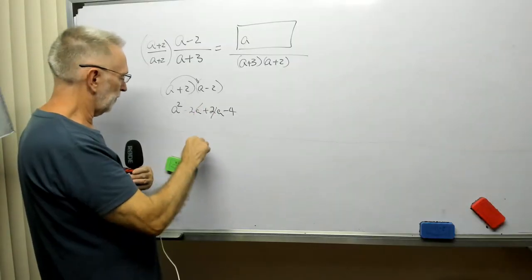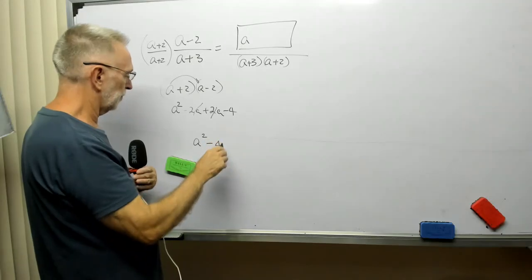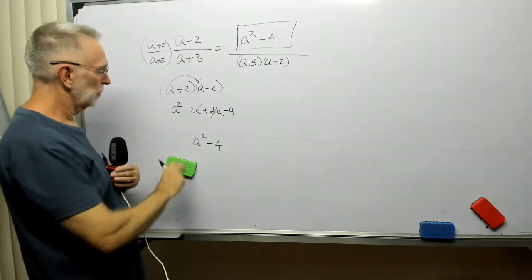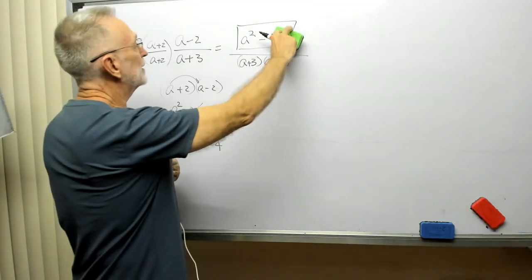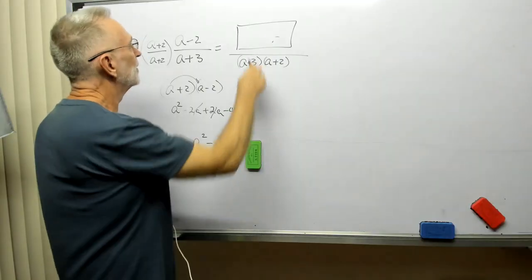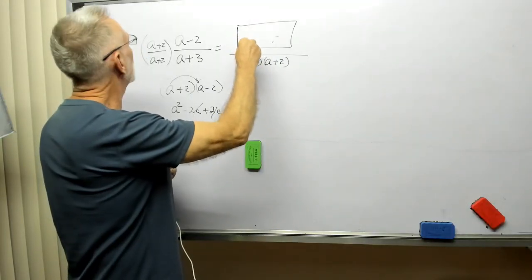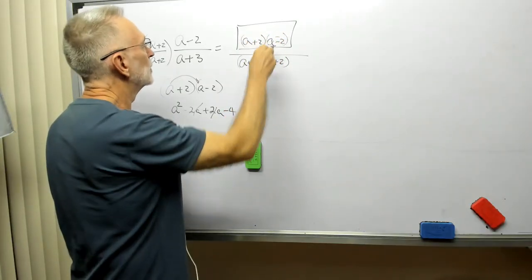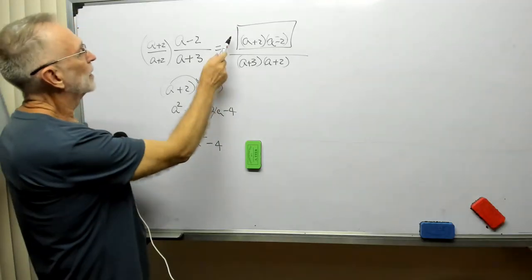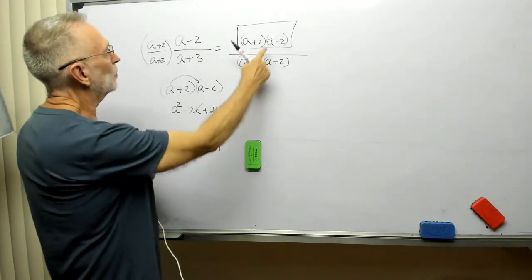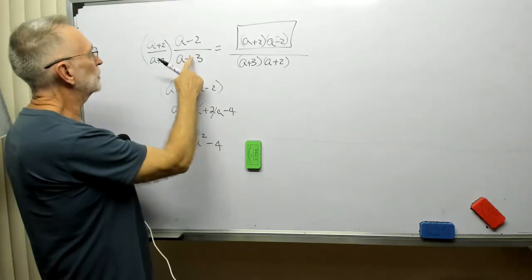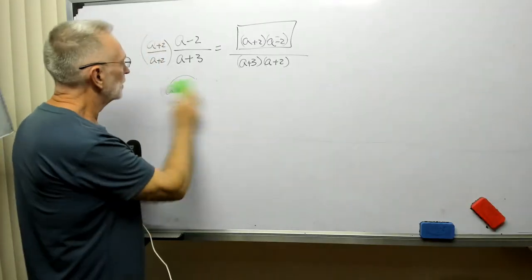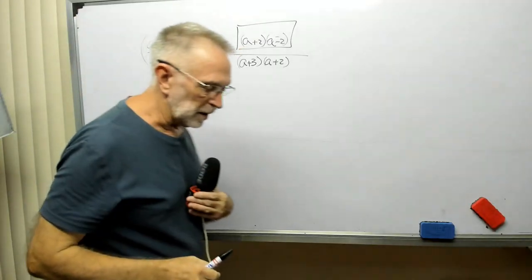Those cancel. I have a squared minus 4. Or, if I didn't do that, let me just put this a plus 2, a minus 2. If I cancel those two right there, what do I end up with? What I started with, a minus 2, a plus 3. So that's what goes in the box.